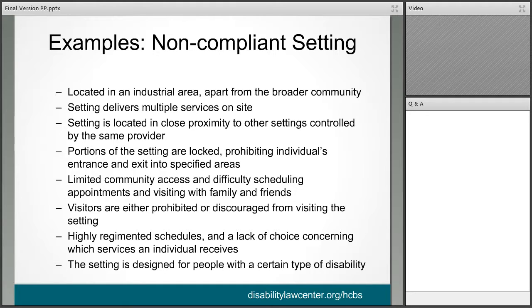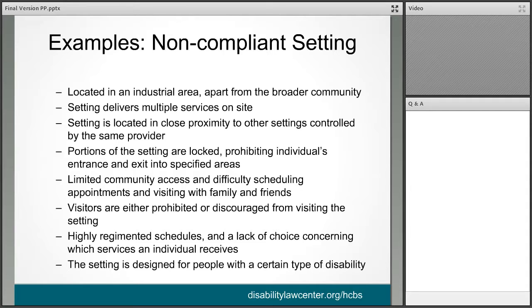The setting might restrict cell phone or internet use as a blanket rule without really assessing and documenting the need for that restriction in a person-centered plan. And individuals would come and go as they wanted, with staff support as needed.